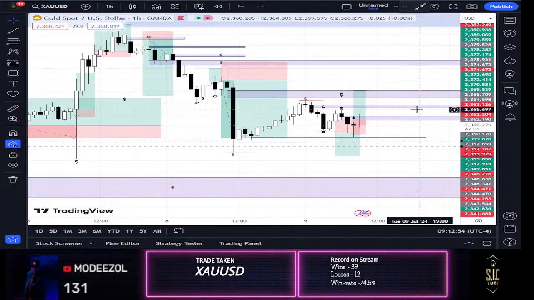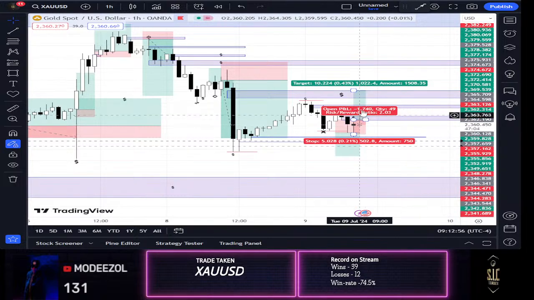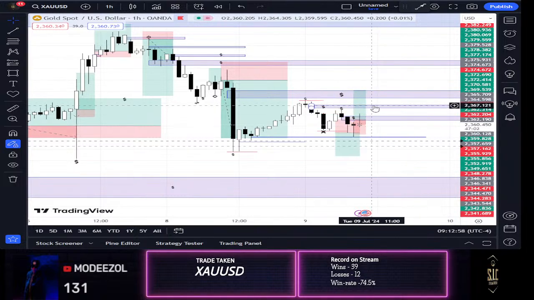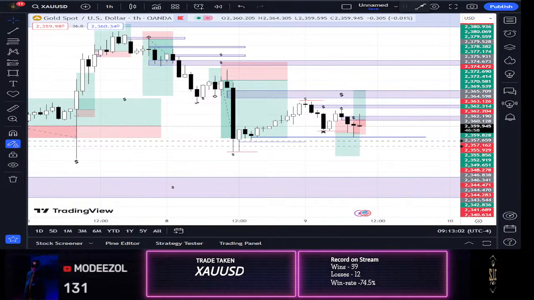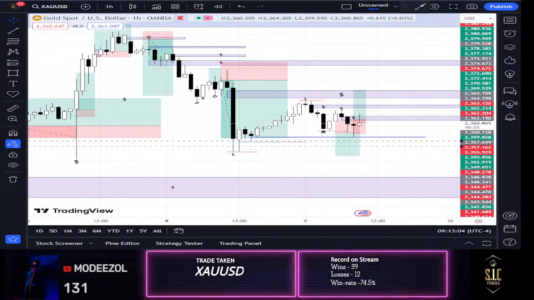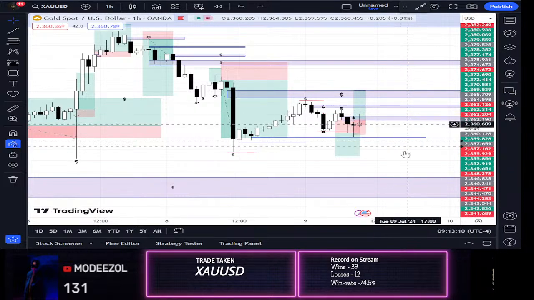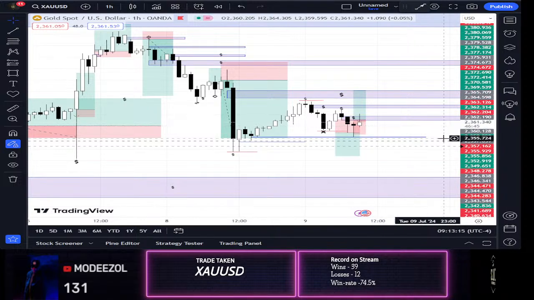So she would have never tapped my stop. She reached, but she didn't tap it. So now I'm thinking, if she ain't gonna tap it, I might just keep my first initial in mind, which would be my sales at 2360, where we're sitting right now.